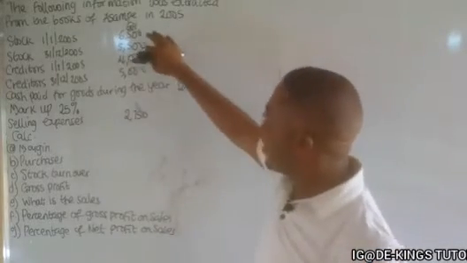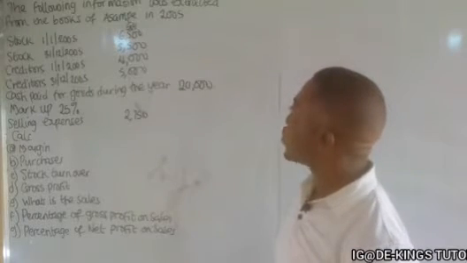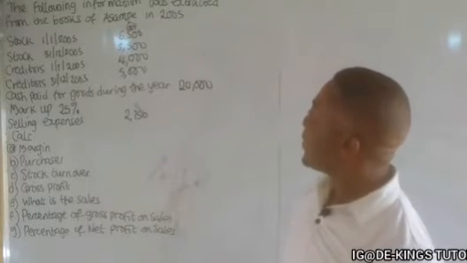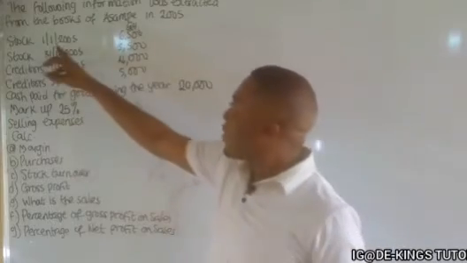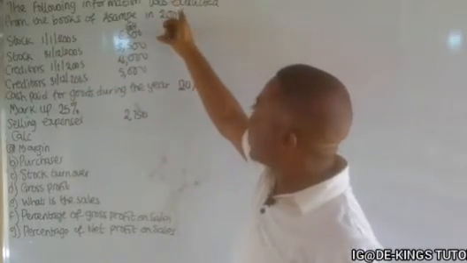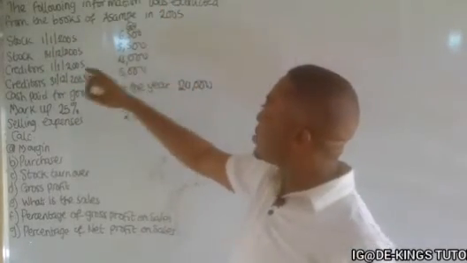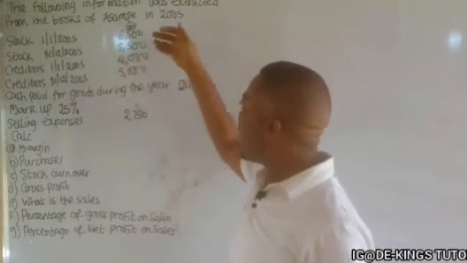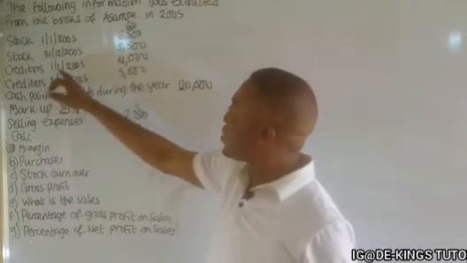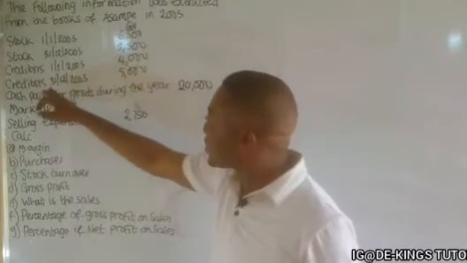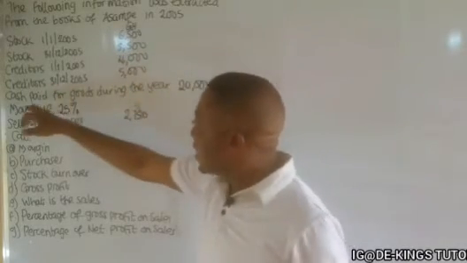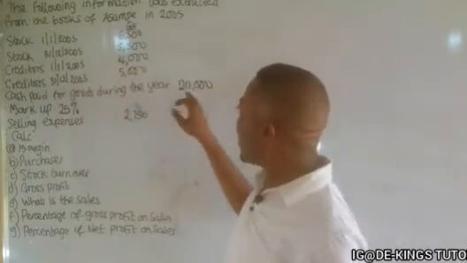It says the following information was extracted from the books of Asampe in 2005. Stock on 1st January 2005, 6,500 Ghana cedis. Stock on 31st December, 5,500. Creditors on the 1st, 4,000. Creditors on the 31st, 5,000. Cash paid for goods during the year is 20,000.